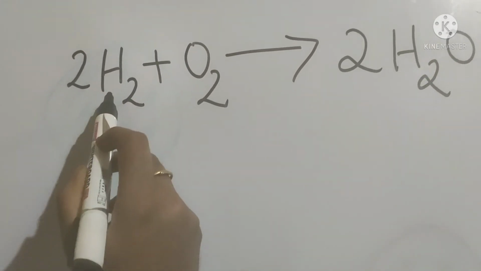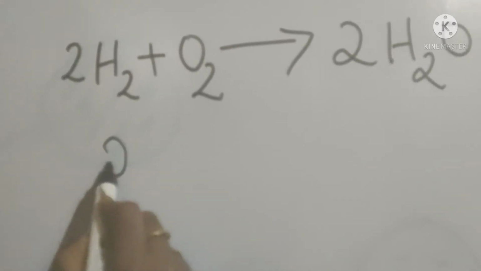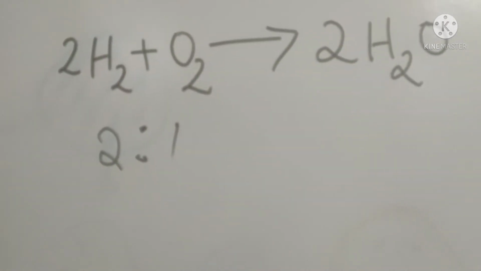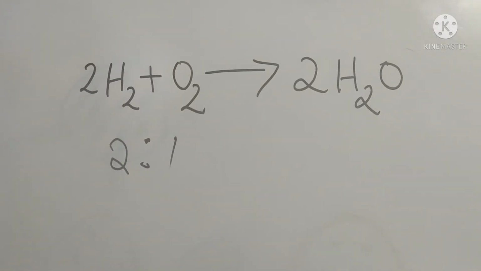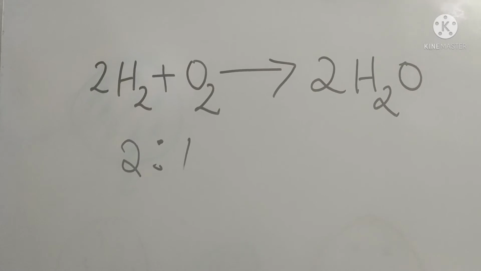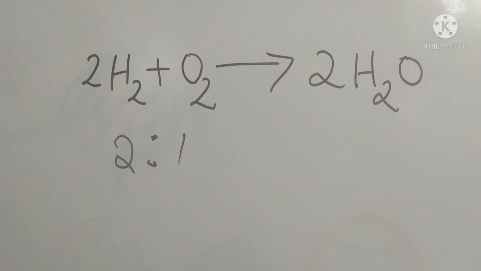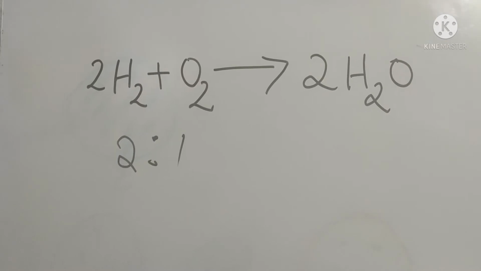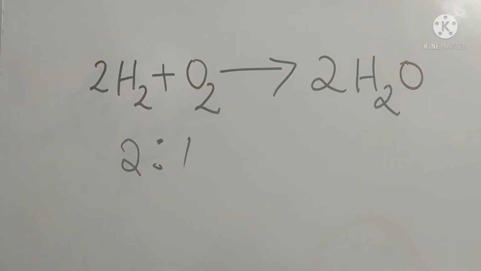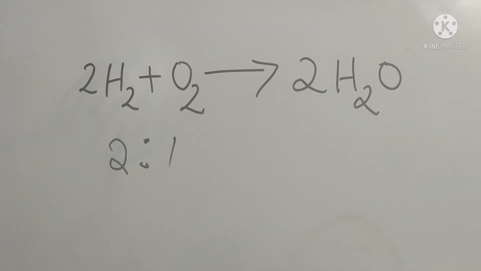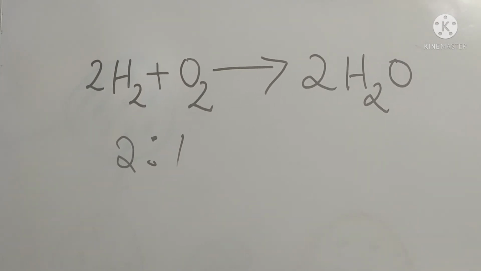The ratio between hydrogen and oxygen is 2:1. From this example, we can conclude that a compound, water, is formed by combining atoms of different elements, hydrogen and oxygen, in a fixed ratio of 2:1.